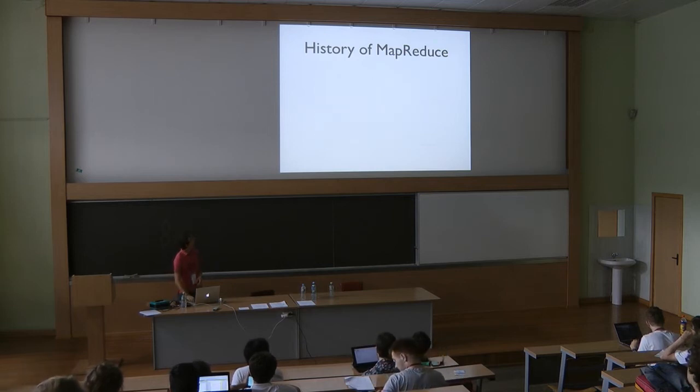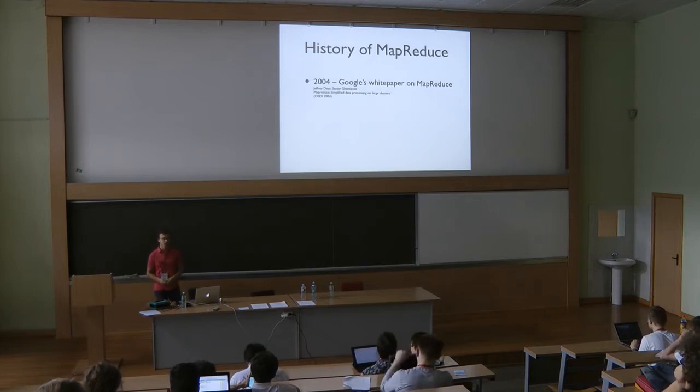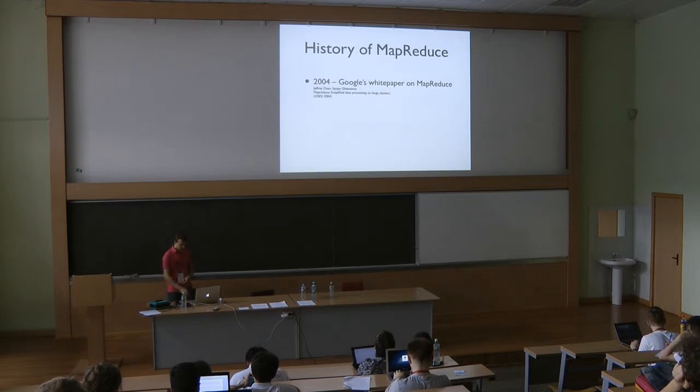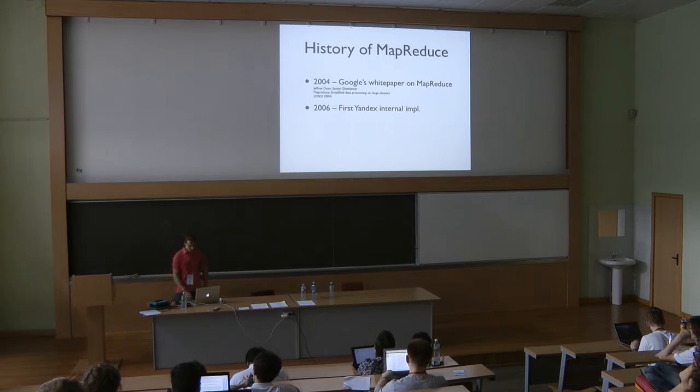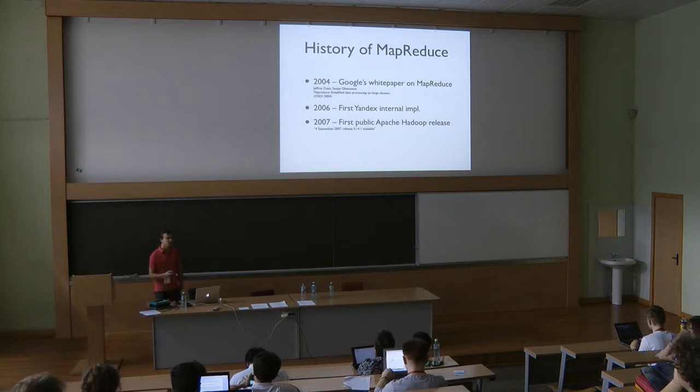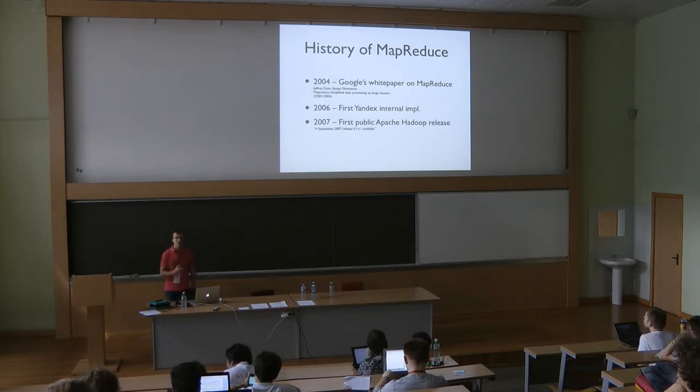The first mention of the MapReduce paradigm was in 2004 in the Google paper by Jeffrey Dean and company. And the first Yandex internal implementation was born in 2006. Hadoop, for your information, had its first public release in 2007, and it contains some different design decisions, which I will be covering in more detail during my talk.